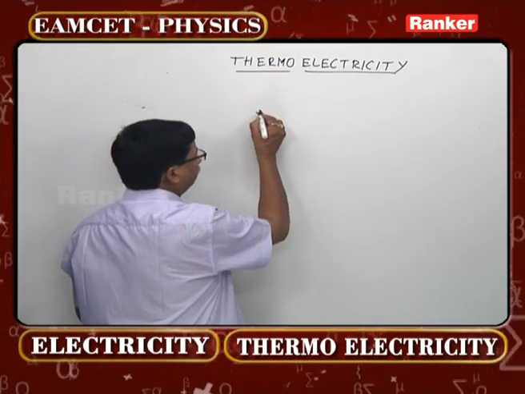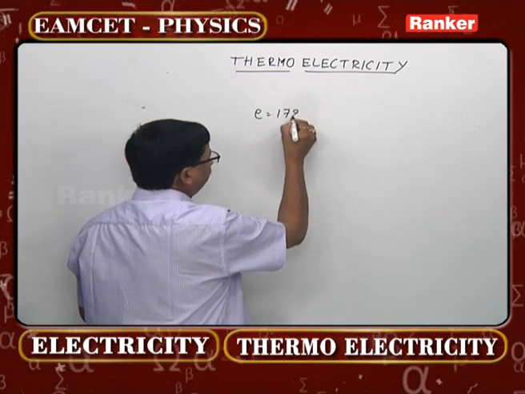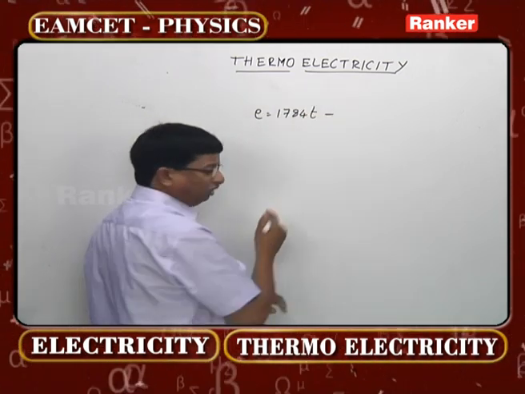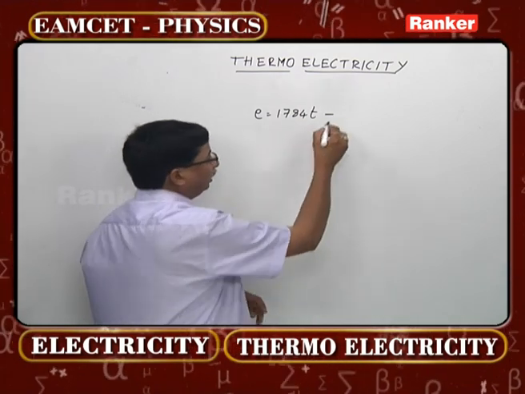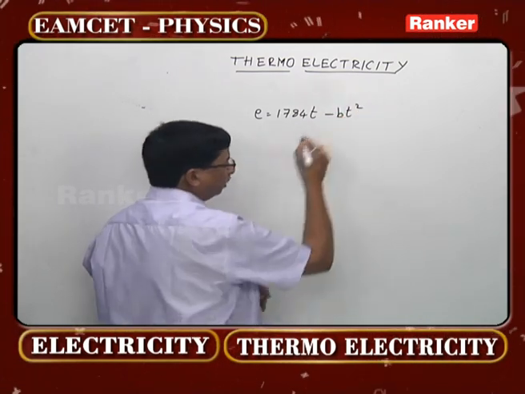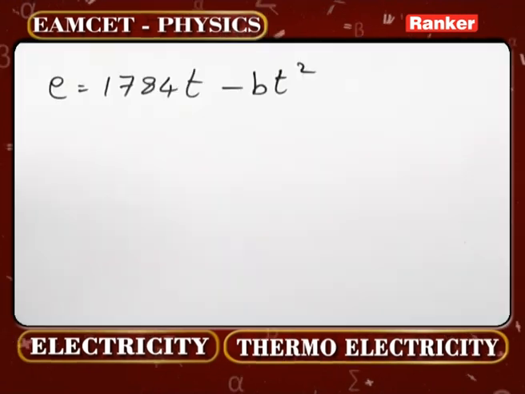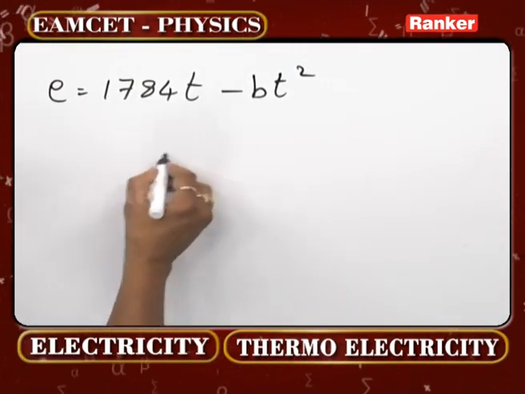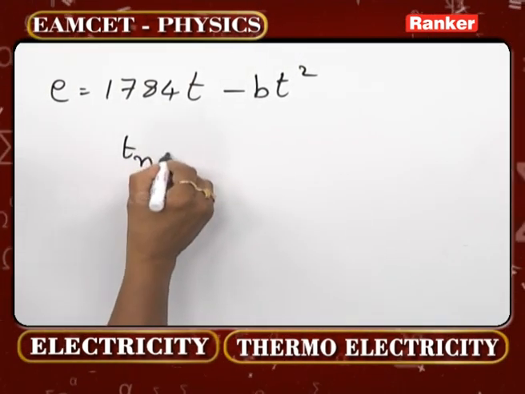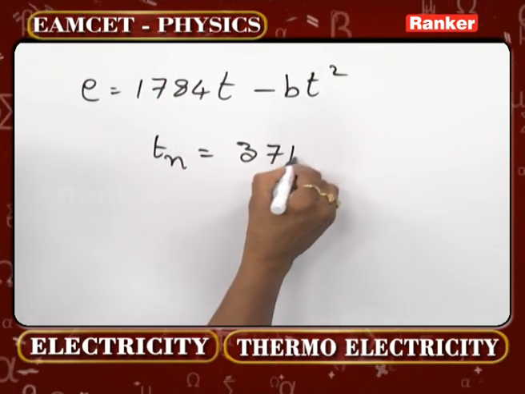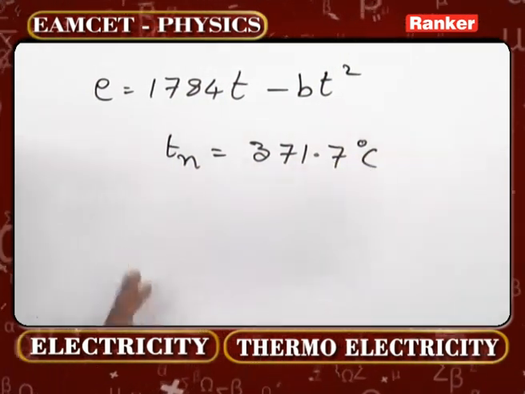First of all, let us write the formula. E is 1784 T, that is the first term, minus BT square. Now he is giving us the neutral temperature, 371.7 degrees centigrade, fine.